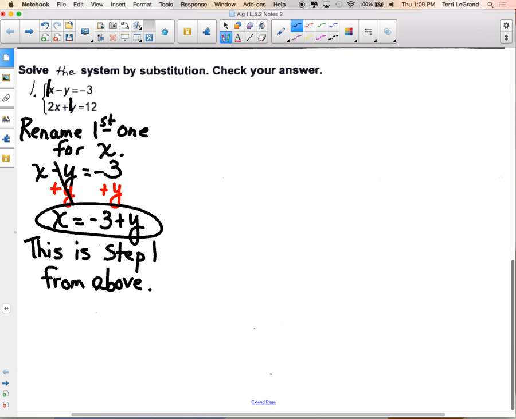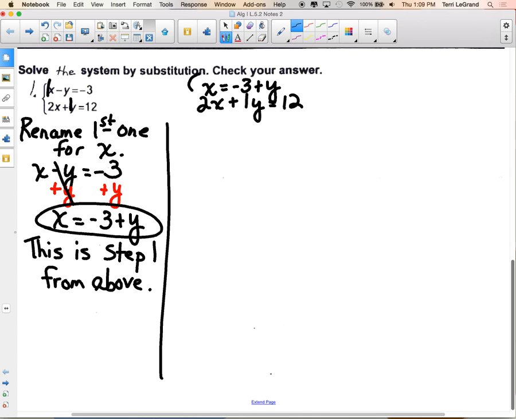We're just going to make this our first thing to do, if necessary. And then we're going to rewrite our system of equations. We renamed the first one, so the first equation now has this name instead, and the other equation we are not going to mess with. So here's our system of equations as we're going to work with it now.